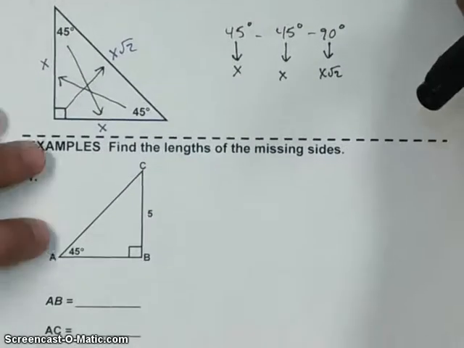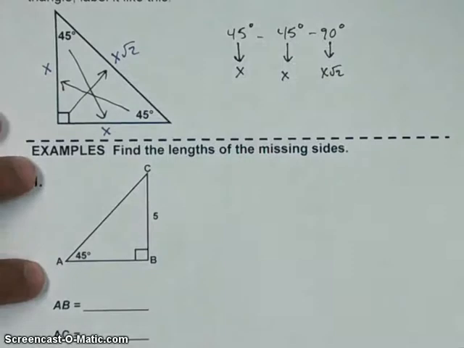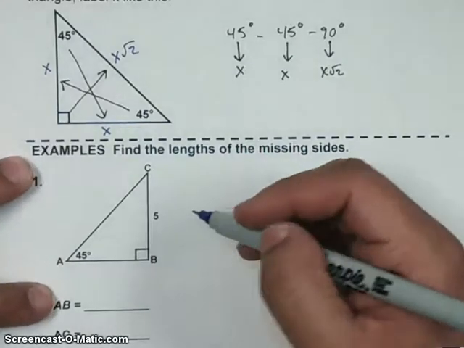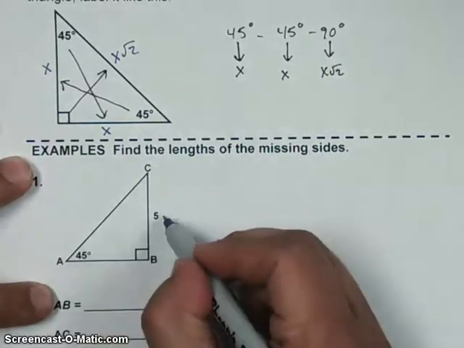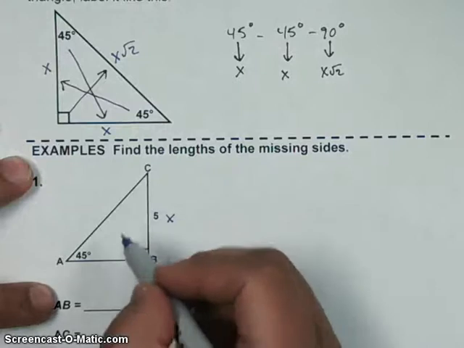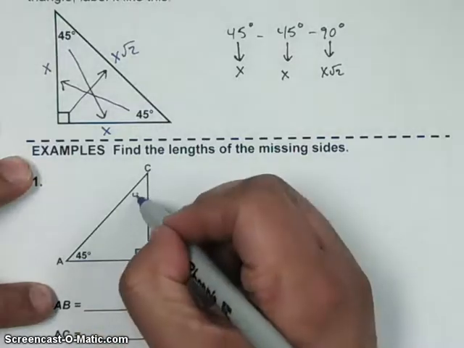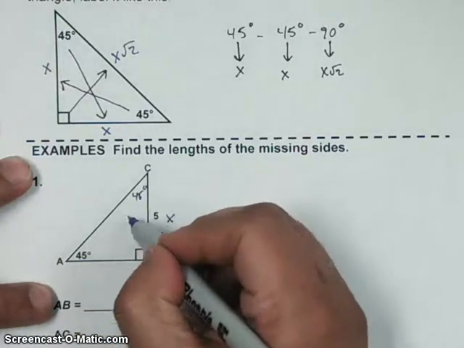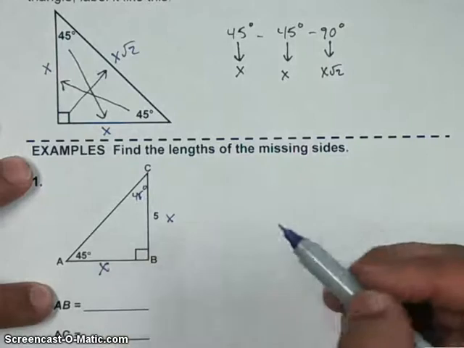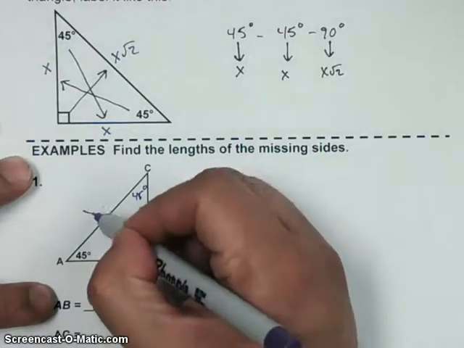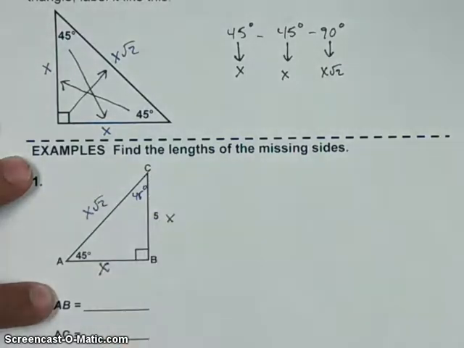All right, so let's look at an example. Okay, so here's my 45, so that's going to be x, and if I have 45, 90, that means this up here is 45. So across from that, that's going to be x, and across from the 90 would be x square root of 2.